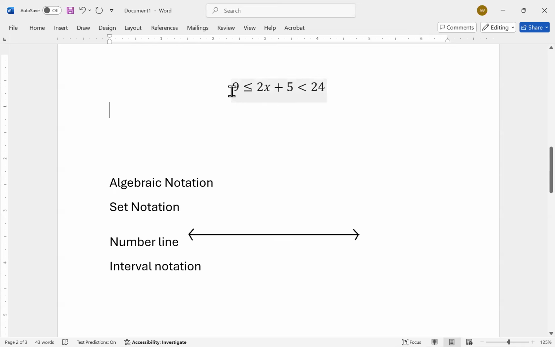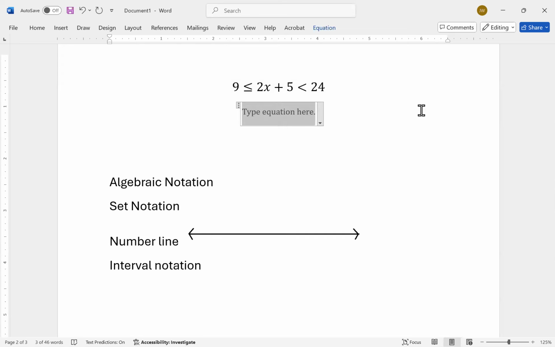On the left-hand side, I would also have to subtract 5. But on the right-hand side, I would also need to subtract 5. In other words, if I do things to one side, then I have to do things to all three sides. Instead of dealing with two sides, I have three sides.